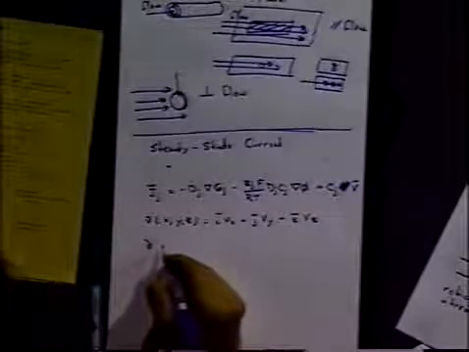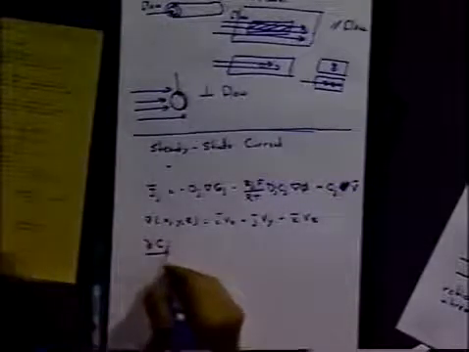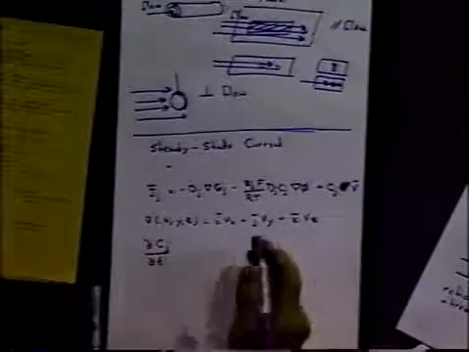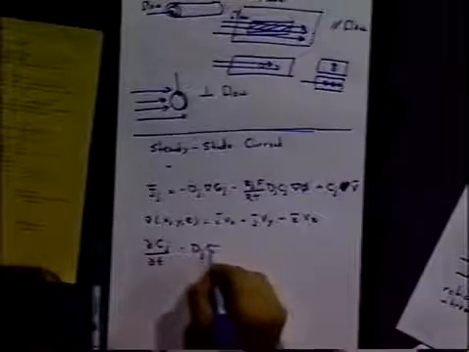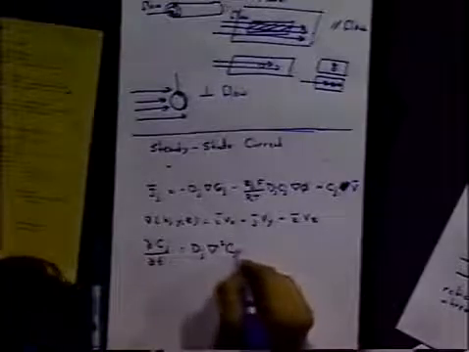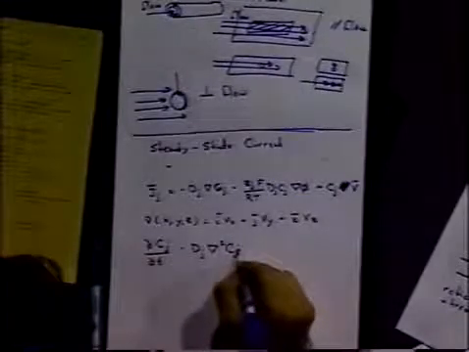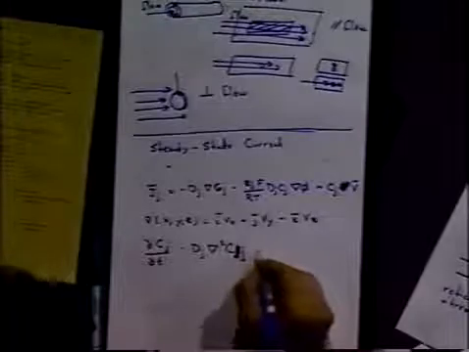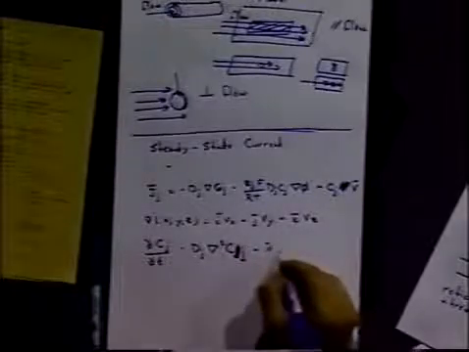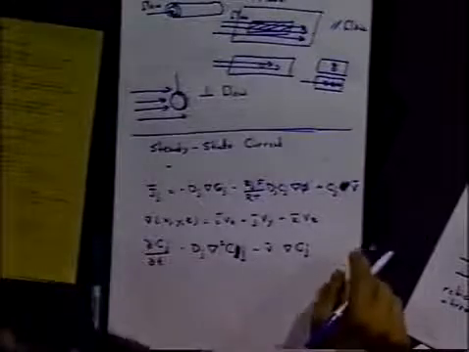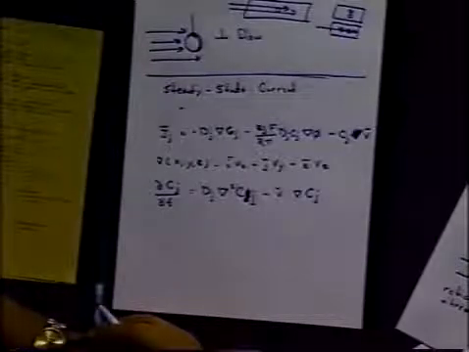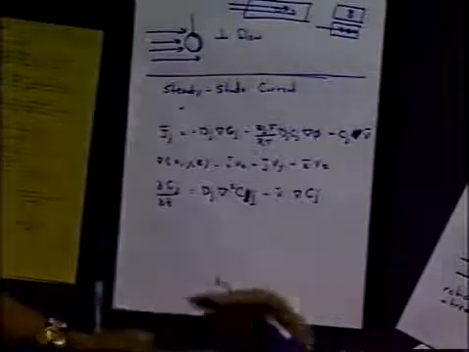So if we rearrange that, we're going to have our general convective diffusion equation, where the concentration of species J as a function of time is equal to the diffusion term, D sub J, the Laplacian of C sub J, minus the convective term, V dot the gradient of C sub J. Again, just like in the diffusion case, we often restrict ourselves to one dimension to make it easier on ourselves.